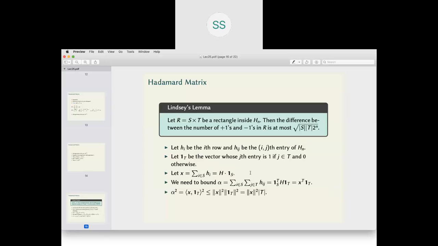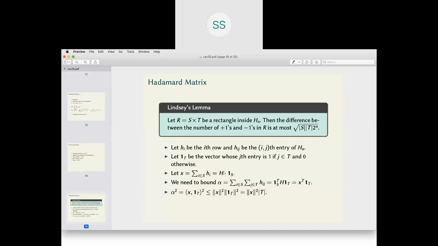Okay. Now consider small x be a vector which is built as a summation of all the rows Hi where i is in S. Alright? So it's a summation of all the rows where i is in S. Another way to see it is, you take, okay, there is a typo here.